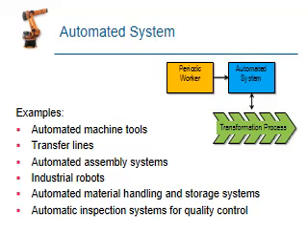So what are the examples? Automated machine tools, transfer lines, automated assembly systems, industrial robots, automated material handling and storage systems, automatic inspection and quality control. Automated machine tools means that earlier components were manufactured on machines by the employee only. Now we introduce a machine in substitution of the employee. Another one is the transfer line, where material handling from one place to another was done by humans only.